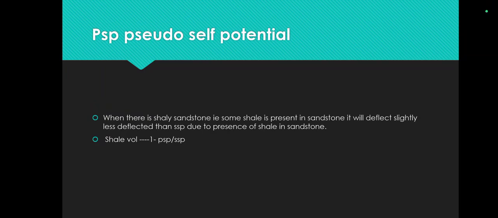That is your pseudo self potential, which is a little suppressed compared to the SSP. And the shale volume is calculated using SSP and PSP: when the ratio of PSP and SSP is subtracted from unity, you can calculate the shale volume easily.